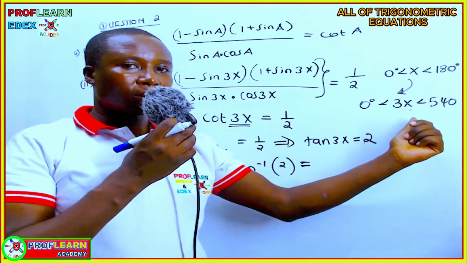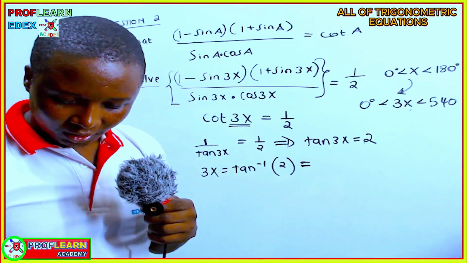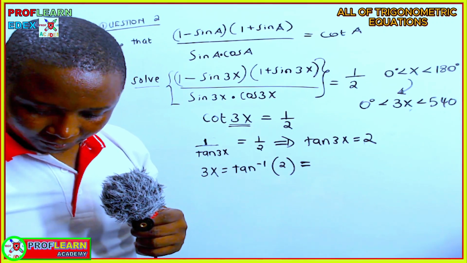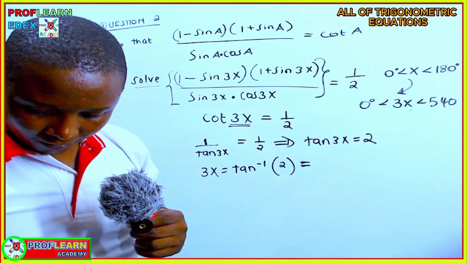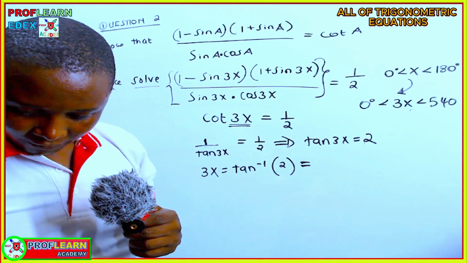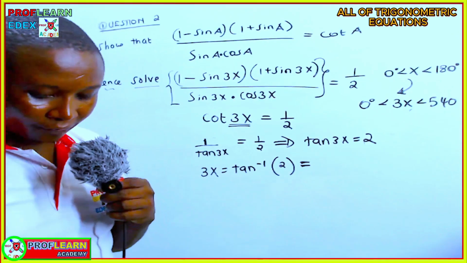Is it in degrees? Yes, this should be in degrees. If it's in radians, you have to change that. So tan inverse of 2 gives me 63.4 degrees.